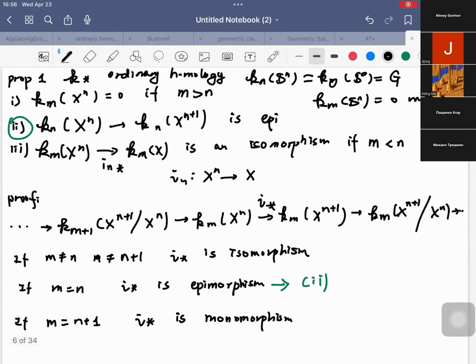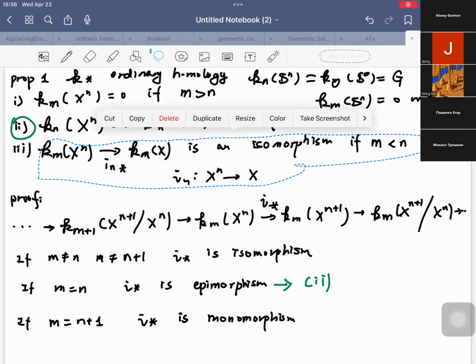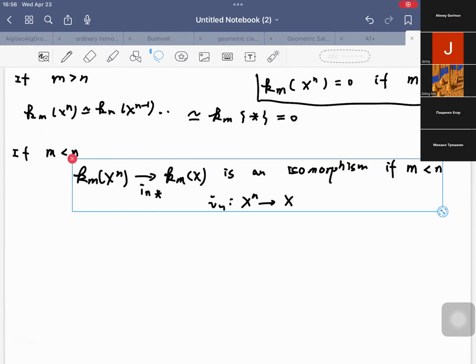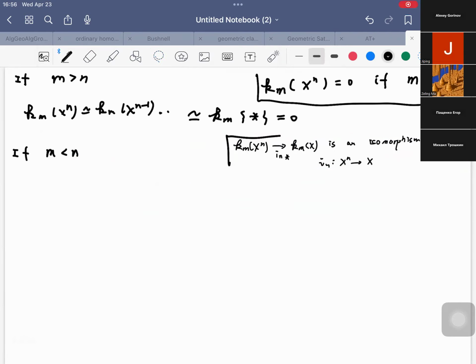Okay. This is what I want to show. If m is less than n, we can shift the degree by 1.